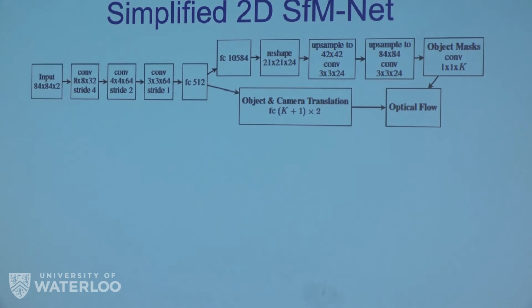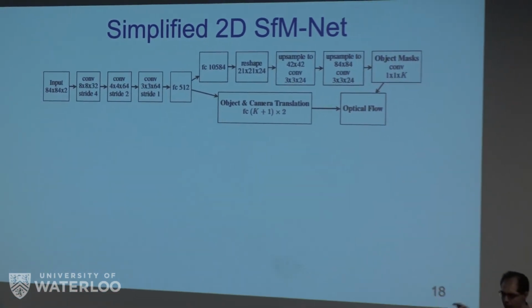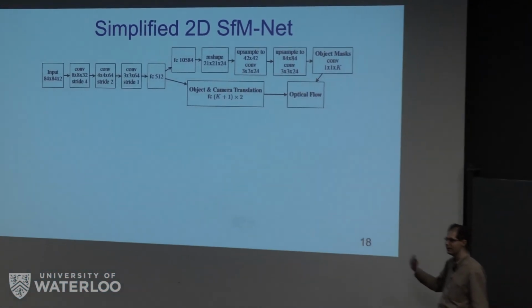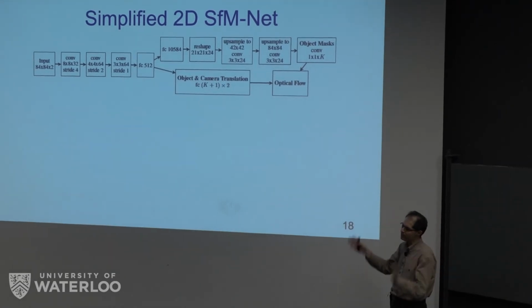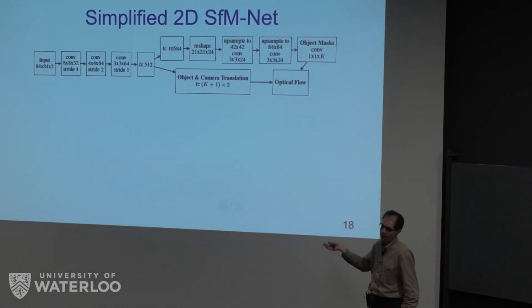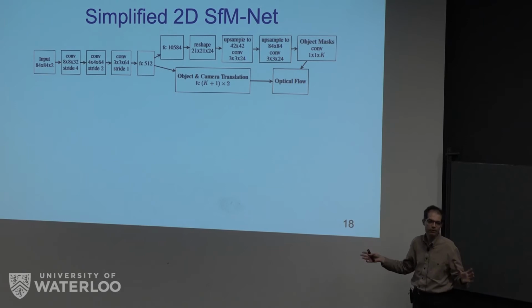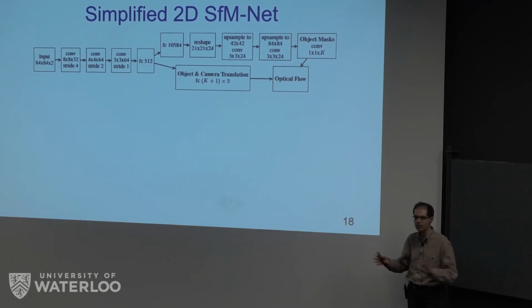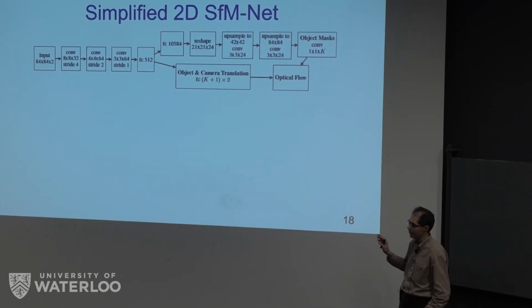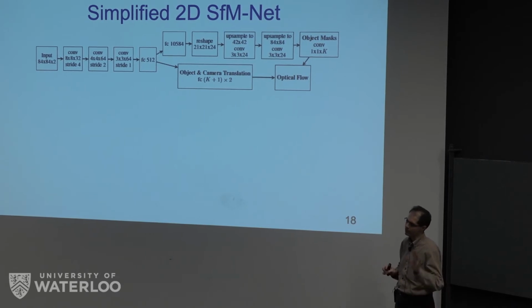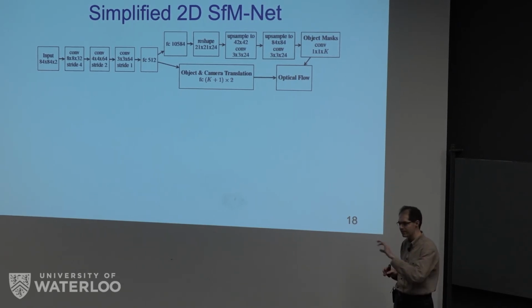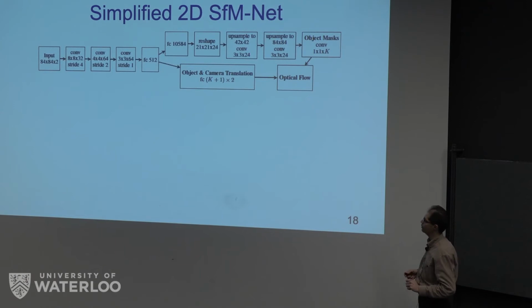Okay, so in our case, we adapted this to Atari games. In fact, we simplified the network because Atari games are a 2D environment. There's no depth information, nothing 3D in there, so it's simpler. Our goal was then to plug this into a reinforcement learning agent.